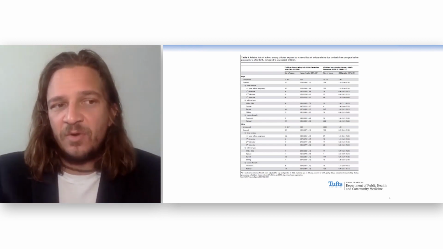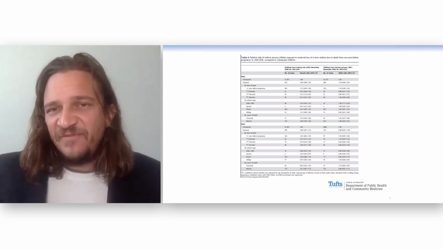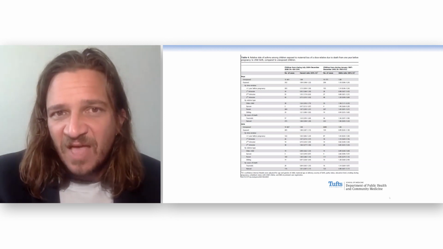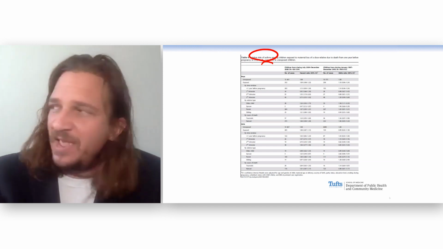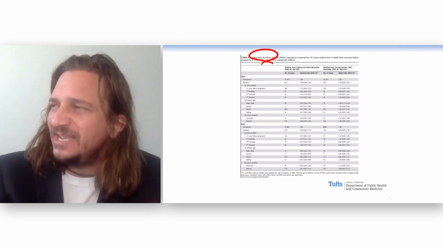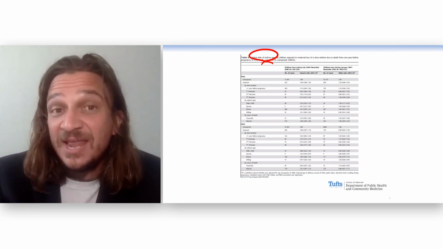This was a study about things that happen in utero to the mother. Does it affect kids later on in life, their risk for asthma? And these researchers were thinking, what is a stressful thing that can happen to a woman when she's pregnant with a kid?